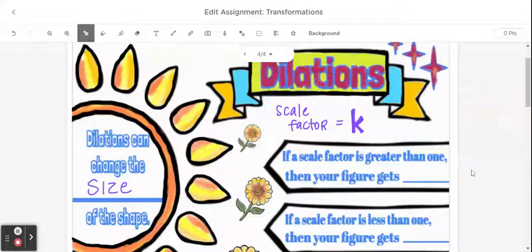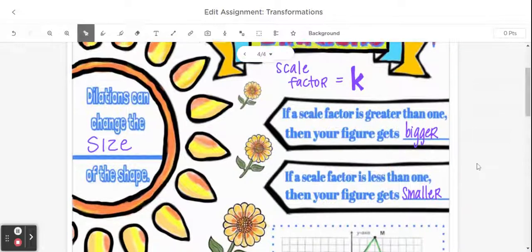If the scale factor is greater than 1, then your figure gets bigger. And if it's less than 1, then your figure gets smaller. So if I say dilate it by a scale factor of 5, your figure will get bigger. A scale factor of 1/5 means it will get smaller.